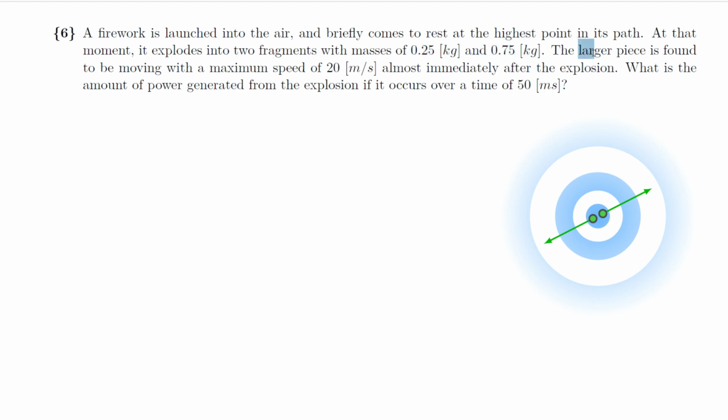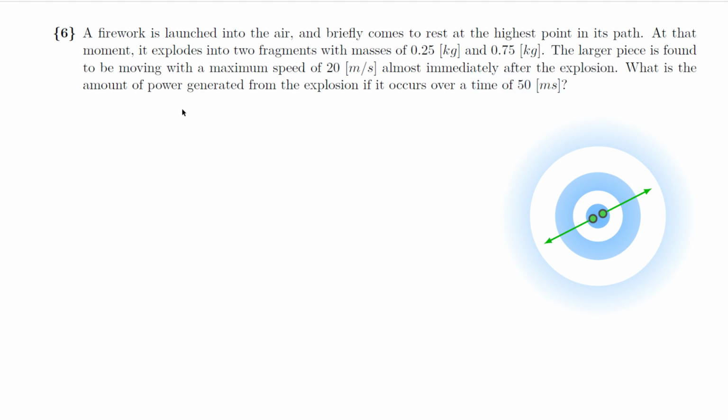The larger piece, 0.75 kilograms, is found to be moving with a maximum speed of 20 meters per second. So you know how fast the larger piece is moving. This is immediately after the explosion. What is the amount of power generated from the explosion if it occurs over a time of 50 milliseconds?